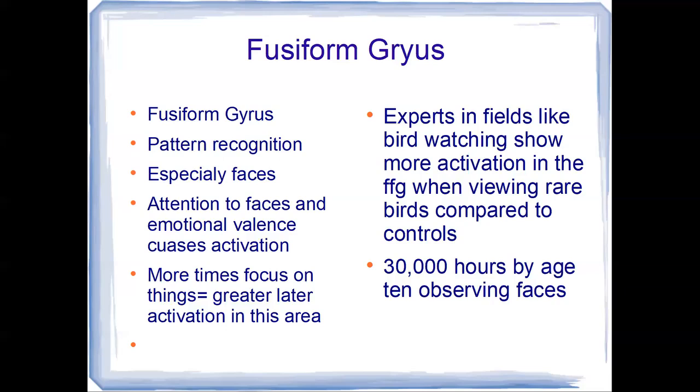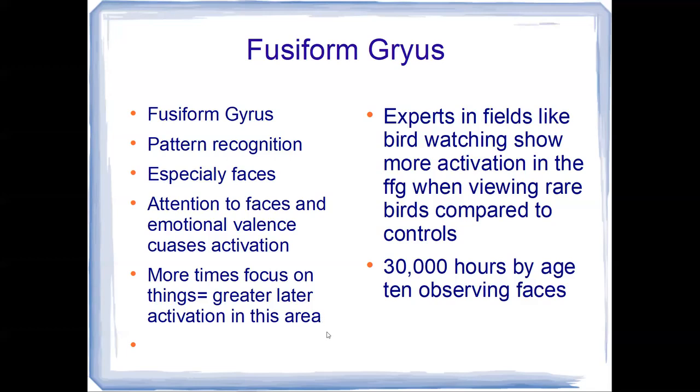But it's interesting because, and this is what they're thinking, we spend about, like we learned in our book, about 30,000 hours by the age of 10 observing faces and socializing. And what they found is the more you focus on something that's processed in the fusiform gyrus, the more activation you're going to have in this area.